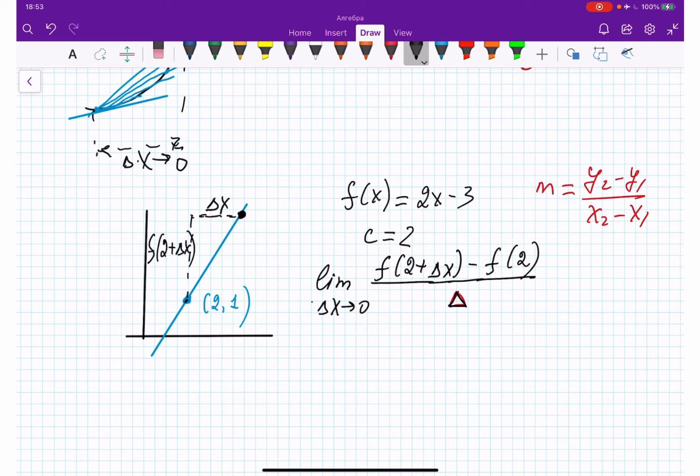This is delta x, and the x for this point is going to be 2 plus delta x, and the y is going to be f of 2 plus delta x.